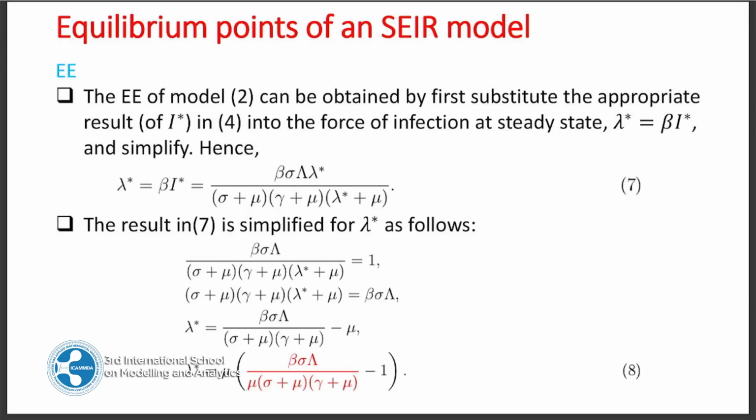Okay, so from here we may move on to find the endemic equilibrium. The endemic equilibrium of model 2 can be obtained by first substituting the appropriate result in 4 into the force of infection at steady state and simplifying. Hence, lambda star is equal to beta I star.